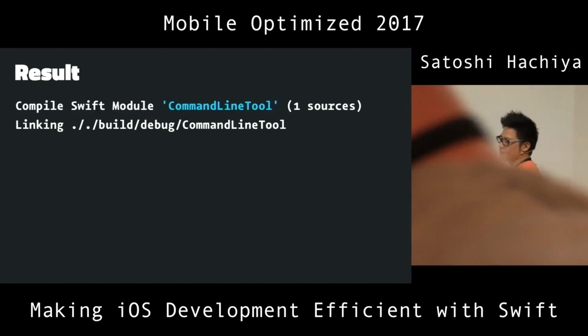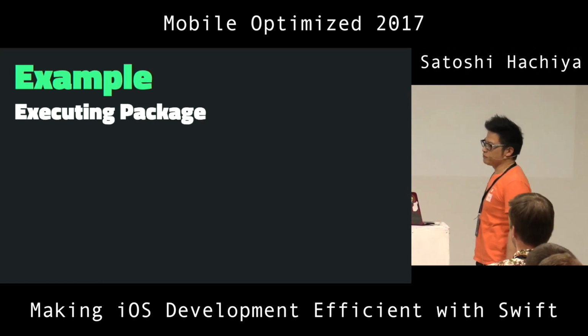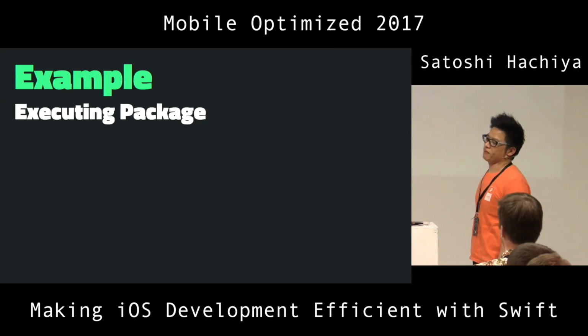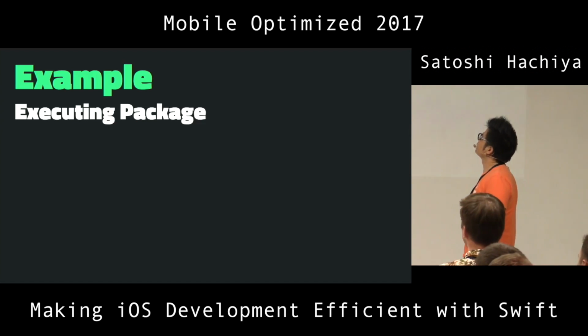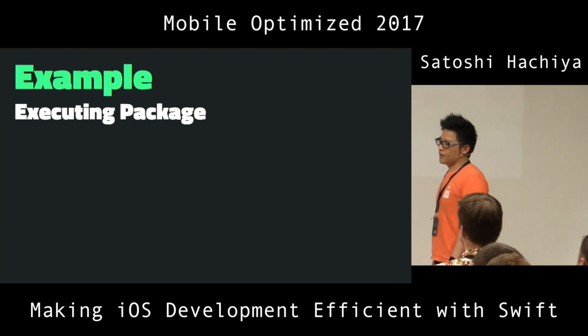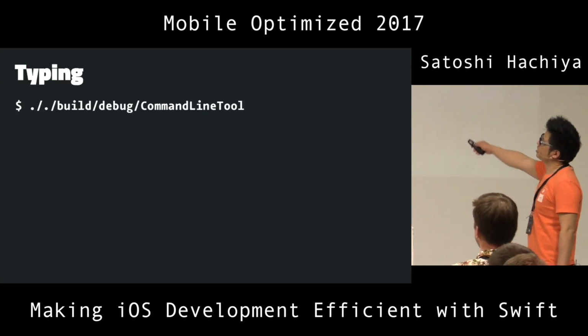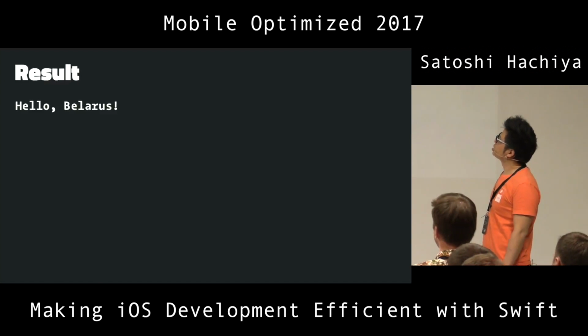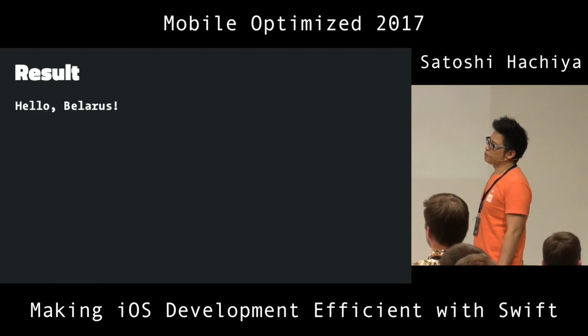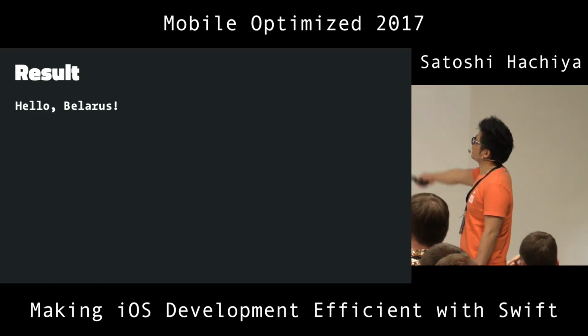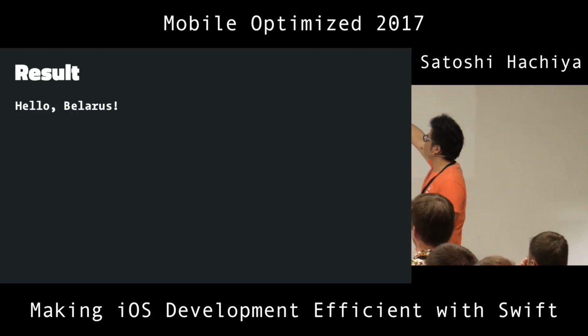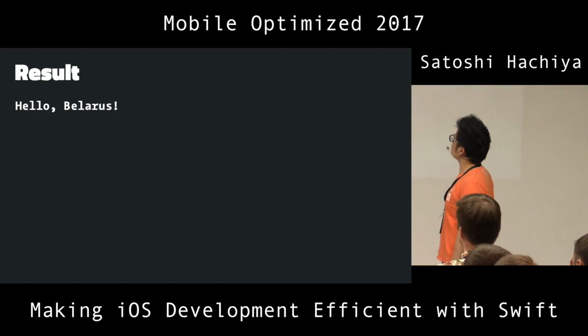The example is building a package with the Swift Package Manager. To build the Swift package, type the swift build command. Then the compiled binary is created in the following directory.